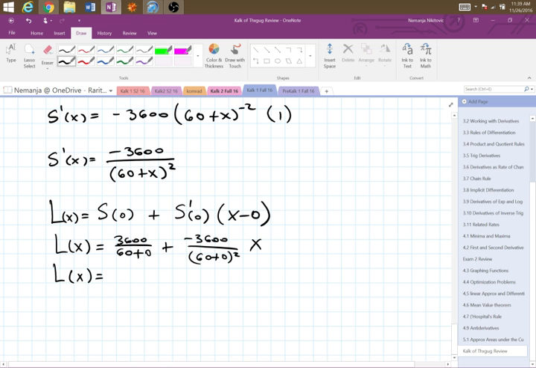So I have 3600 divided by 60 is 60 minus 3600 over 60 squared times x. Good? Everyone happy? So this is our linearization.